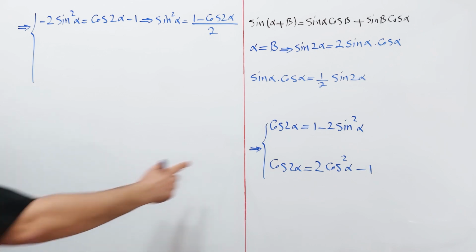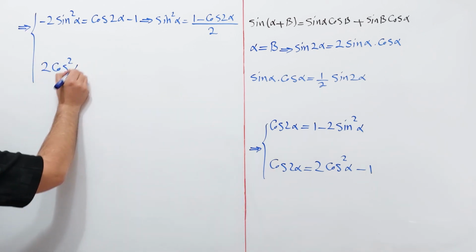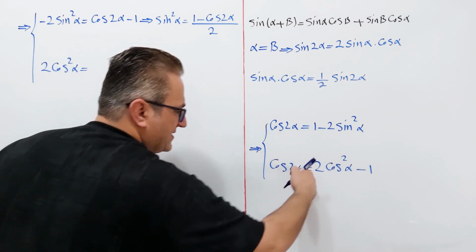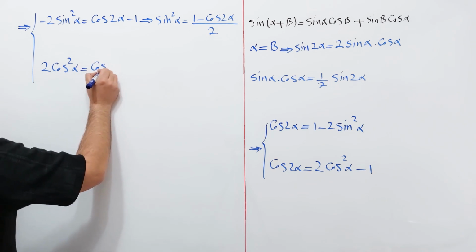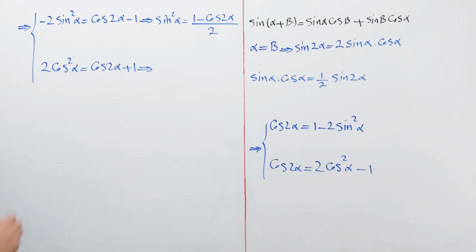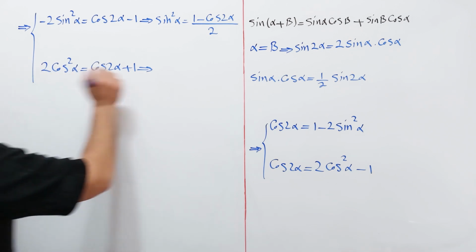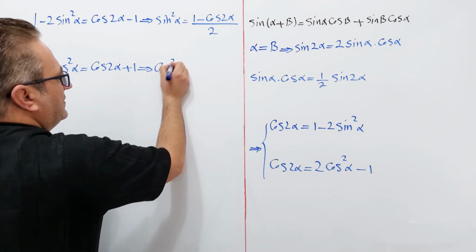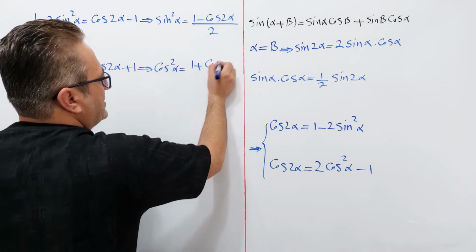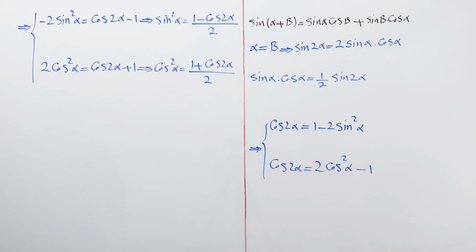Okay? And in this formula, 2 cosine squared alpha is equal to cosine 2 alpha plus 1. So, if we divide both sides of this equation by 2, we have cosine squared alpha is equal to 1 plus cosine 2 alpha, divided by 2.